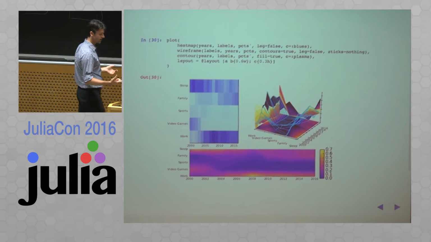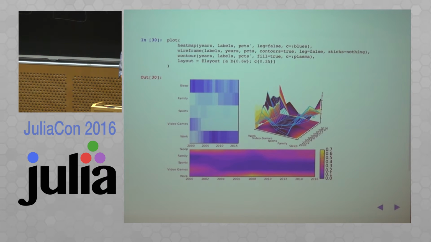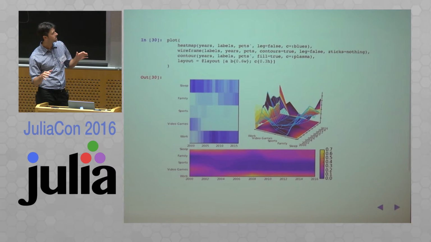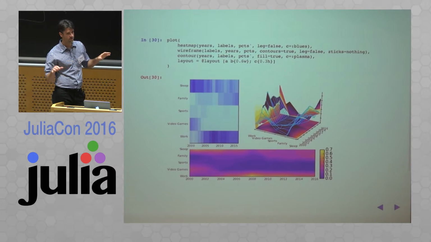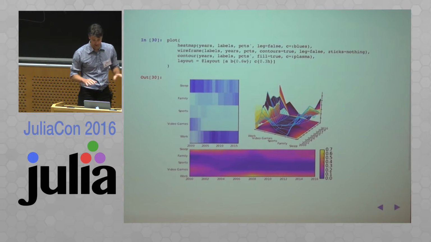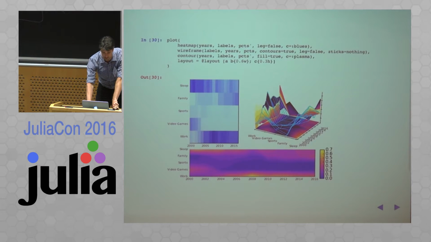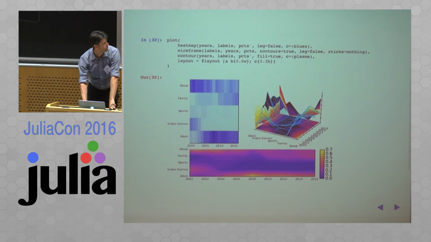One of my goals is to make sure that things are so succinct that you only need to say what you want and nothing more. And everything else is figured out for you. So you can see a few different series types split into different subplots within a layout.